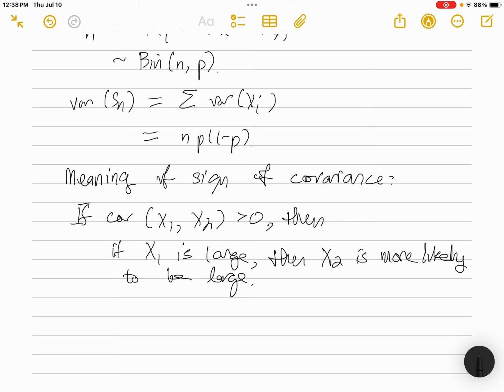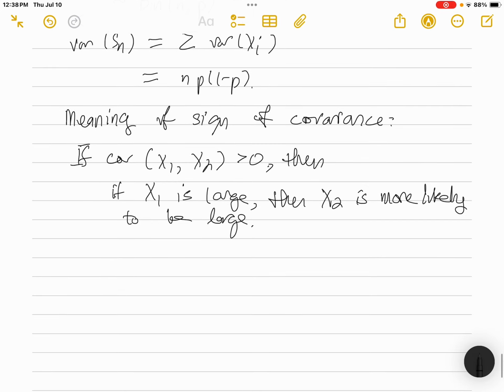So, for instance, x1 could be the height of a person and x2 the person's weight.